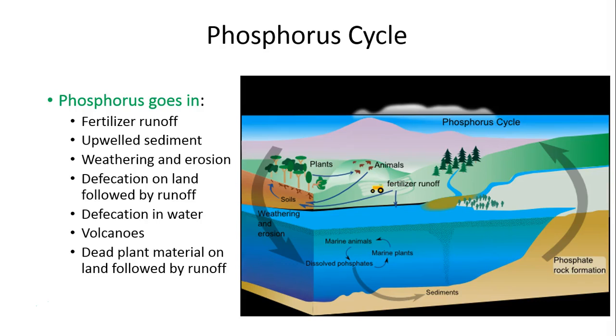way to the ocean. Upwelled sediment will bring nutrients up to the surface, because where it's really important is in the surface where those photosynthetic organisms are living, right? Nutrients down here aren't really going to be helpful to them because they're not in the same water as them. It's all the way down deep, and these guys need to live at the surface where there's sunlight.